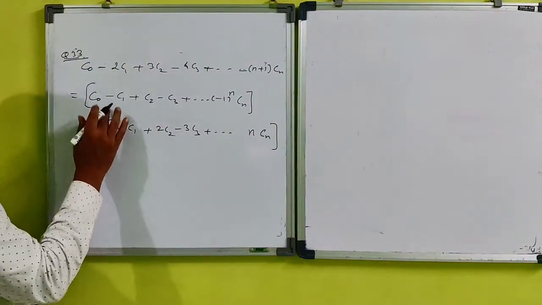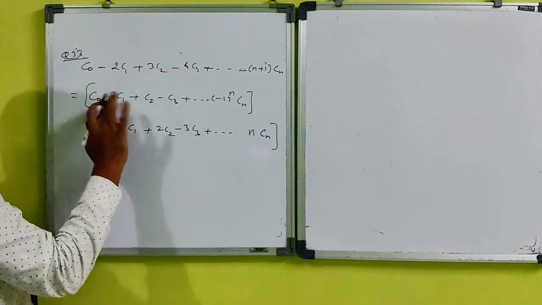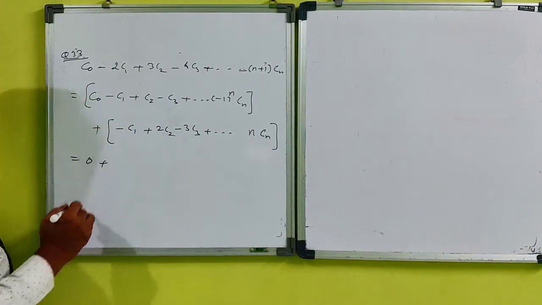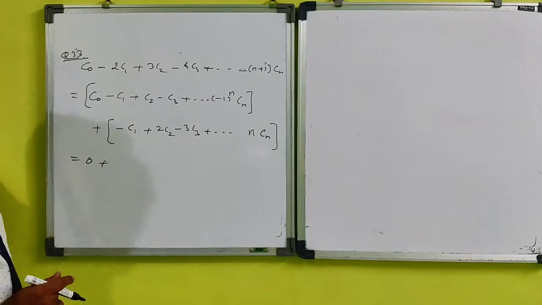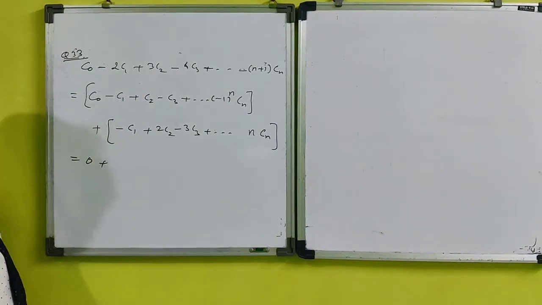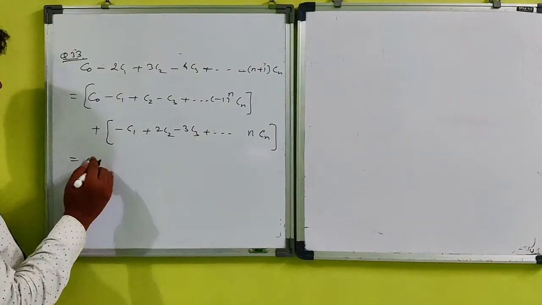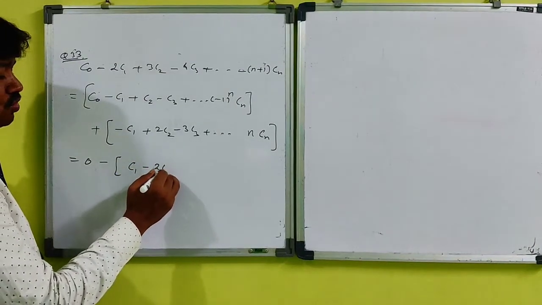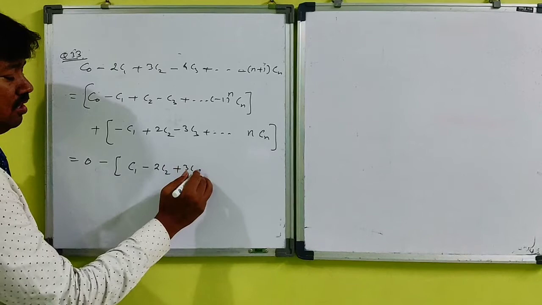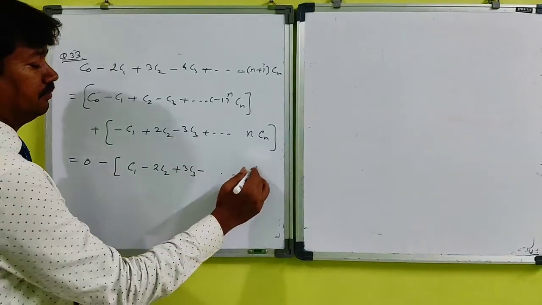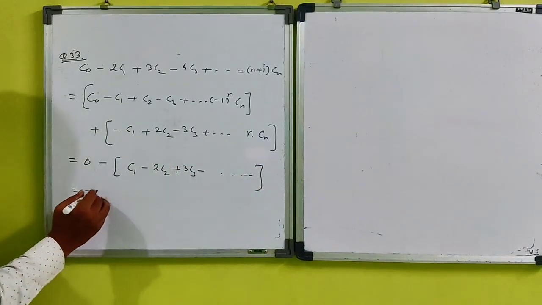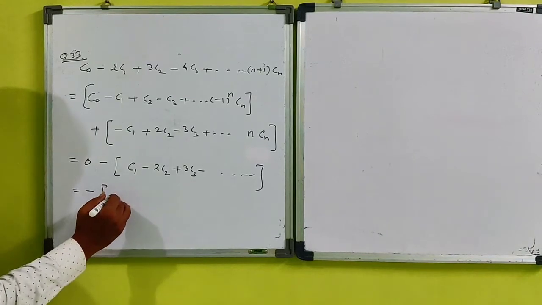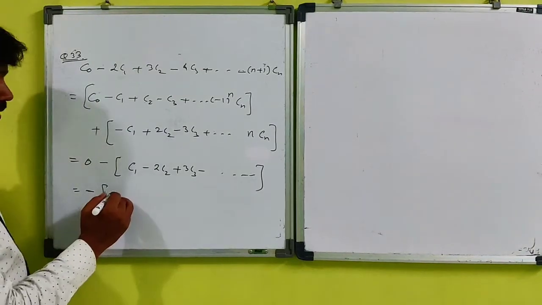So now this is clear cut. The sum of odd and even terms is 0. And what is this one? If you take a minus common out of this, it is C1 minus 2C2 plus 3C3 minus, like that. So it is minus of C1, which is nothing but n.